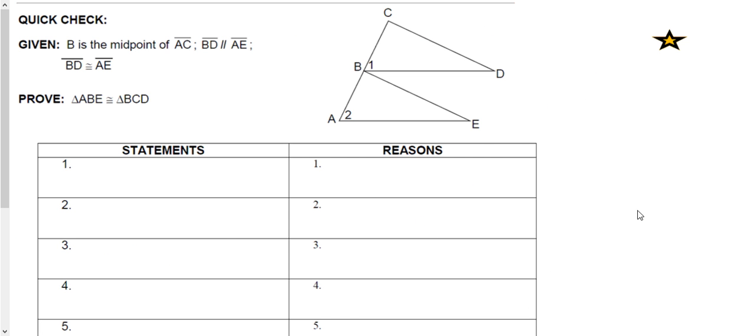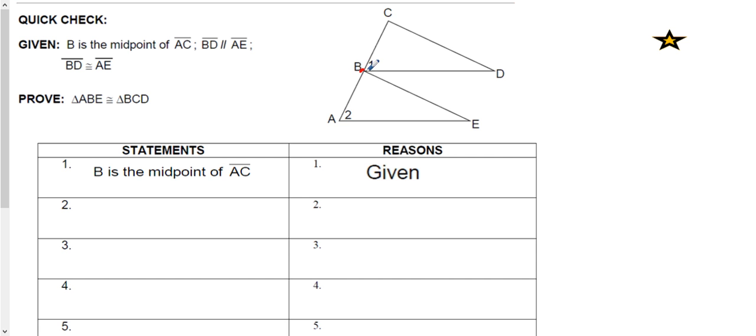All right, here we go. Next quick check. We'll start with this given information. B is the midpoint of AC. I'll show you how I do this a little bit too. And the reason, of course, is given. So now what can we mark in our picture since that's the midpoint?